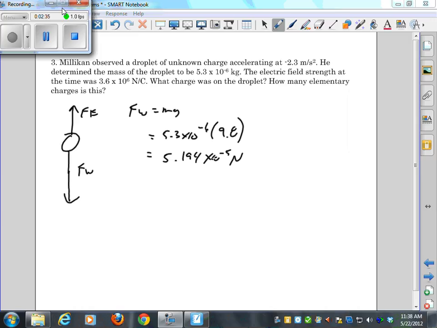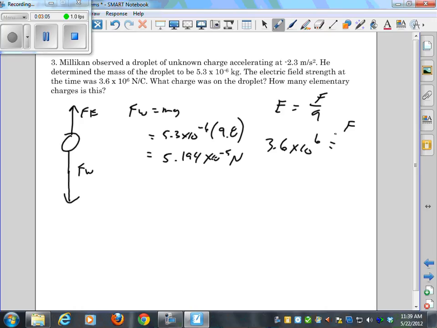Now do you remember me rearranging E equals F over Q? Okay, E equals F over Q. The electric field strength is 3.6 times 10 to the 6.